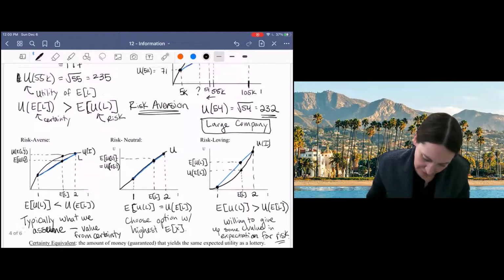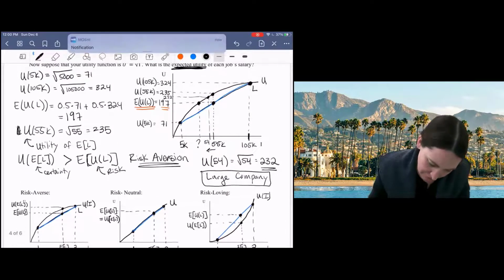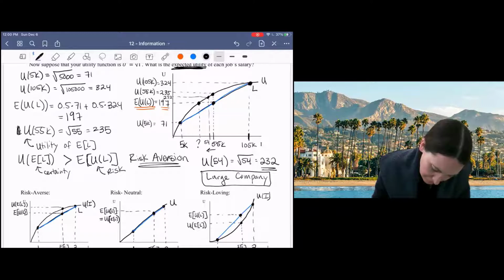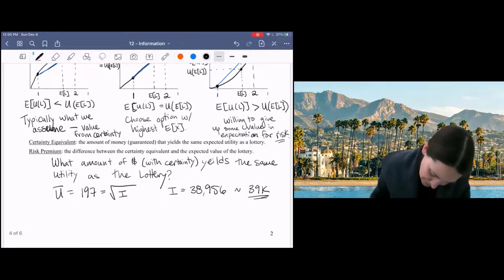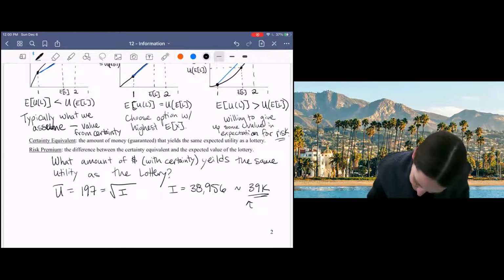So that number here on our graph is $39,000. Okay, all of these are in thousands. And then that's our certainty equivalent. Okay, so our certainty equivalent is 39,000.